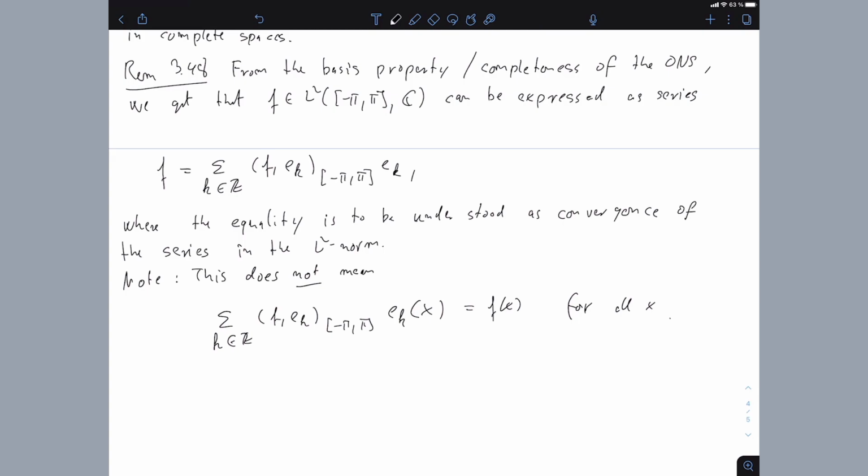But this is not what this means. We have no real control of what the individual point evaluations of this series do. So this has to be understood as a linear combination of L2 functions, and this, in the sense of L2 functions, is converging.